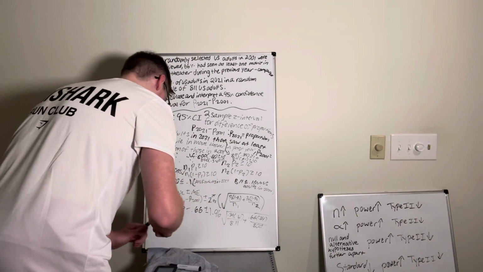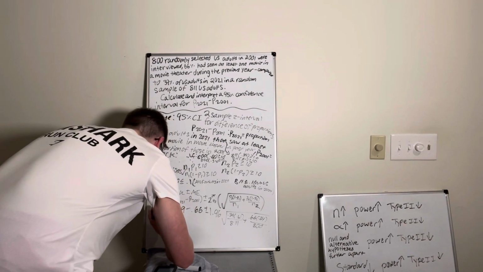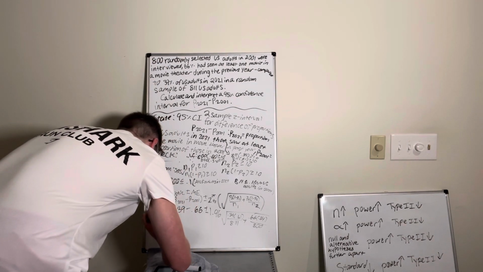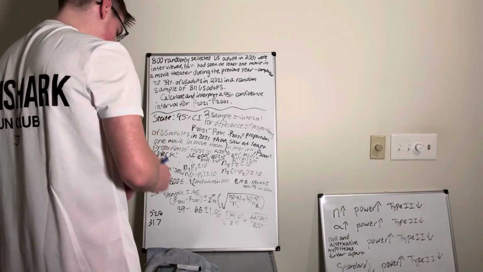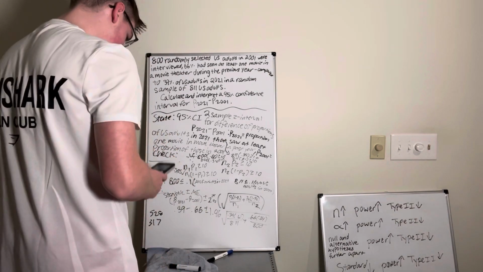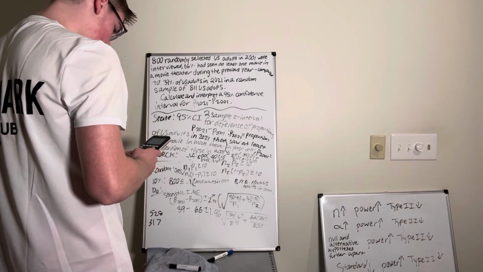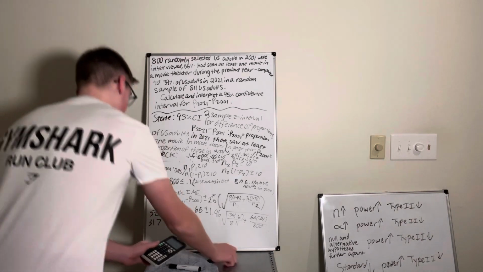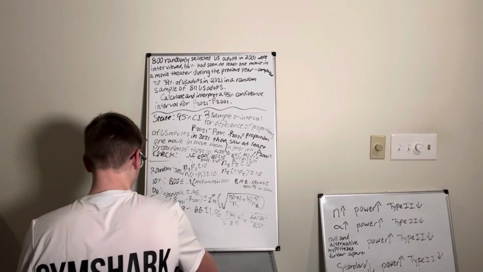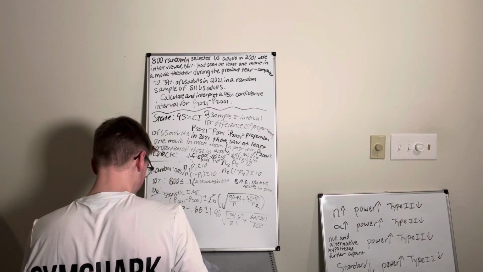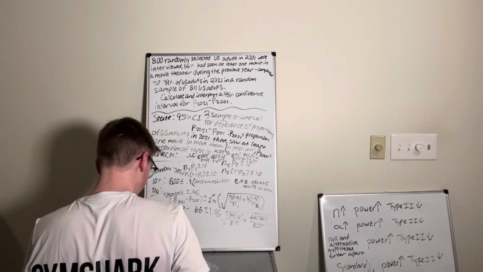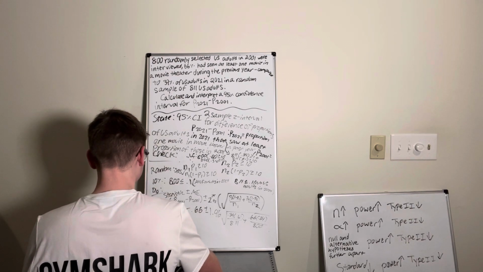So I'm going to just say 528, 317. I'm going to round that up. Okay, and then I'm also going to do 811 minus 317 and just get that on the board. That goes to 494. 800 minus 528 is 272.